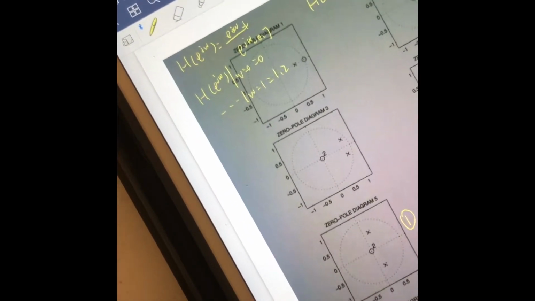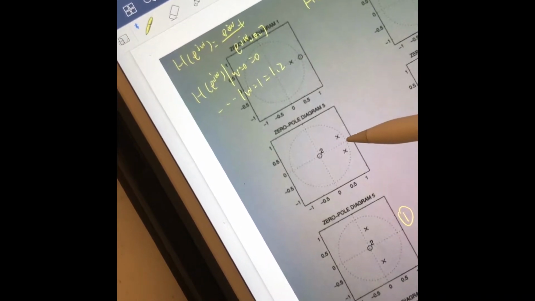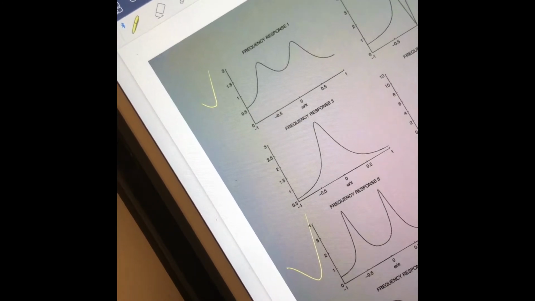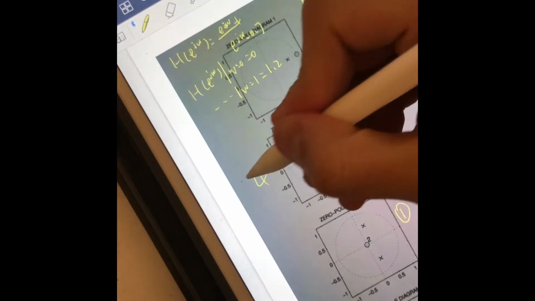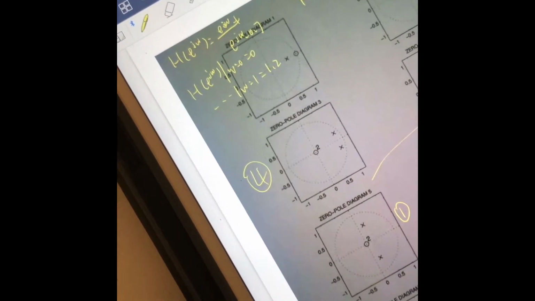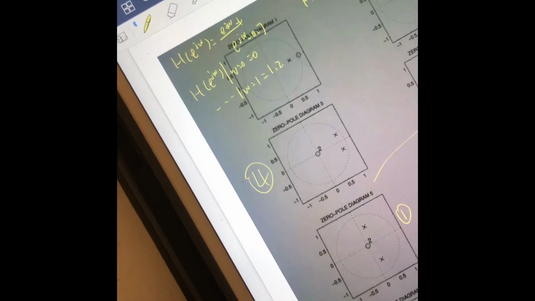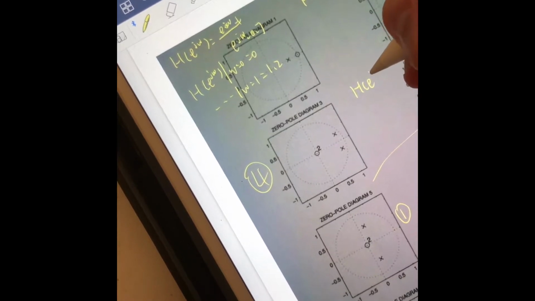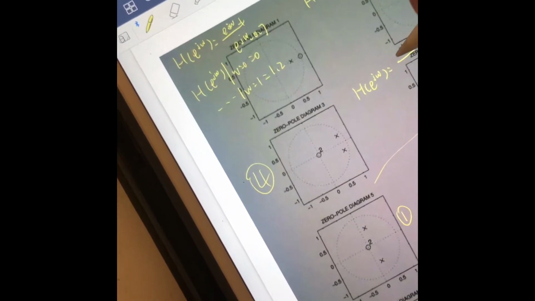So let's see the third diagram. We can see from the diagram that the resonant peak happens at a lower frequency. So it could only be frequency response 4. For diagram 4, we can assume that H of e to the power of j omega equals to this one.